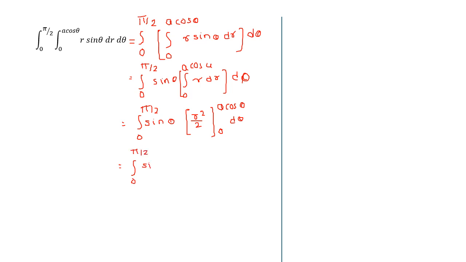Upper limit minus lower limit is a square cos square theta divided by 2 minus 0, d theta. So we are getting the integration from 0 to pi by 2 of a square upon 2 into sin theta into cos square theta d theta.